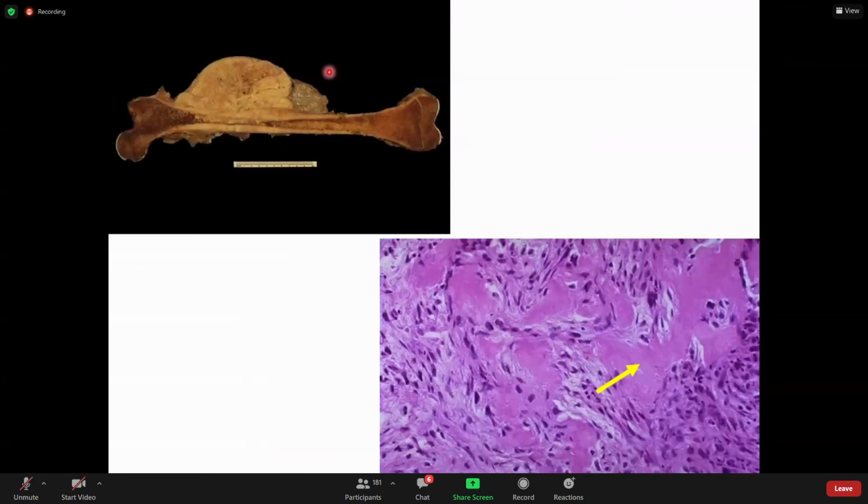Also, another important feature that you see with malignant tumors. Here's an example of a malignant tumor that is arising from the metadiaphyseal region, the most common site for this tumor to arise from. You can see that the growth plate is still here, so it is happening in a young individual. And this is an osteosarcoma, usually arising in the metadiaphyseal region.